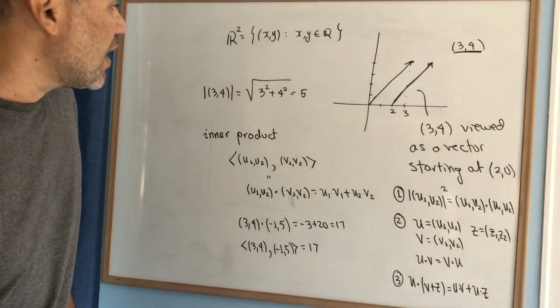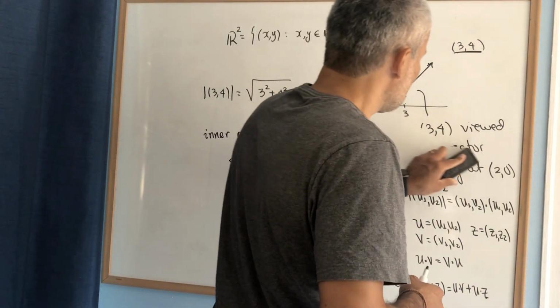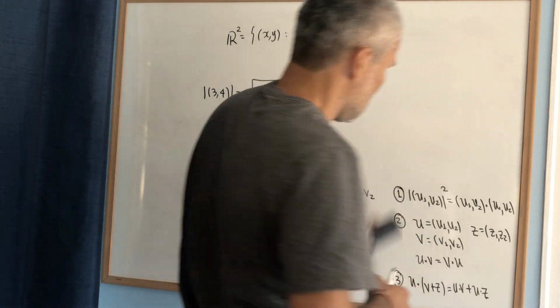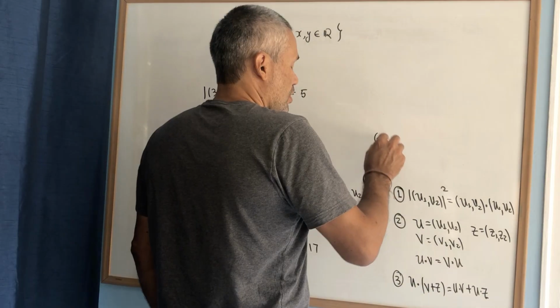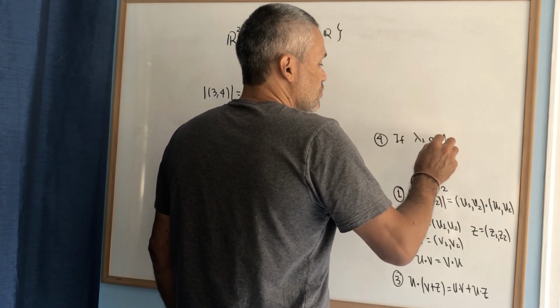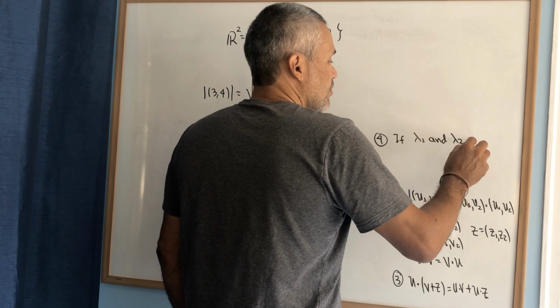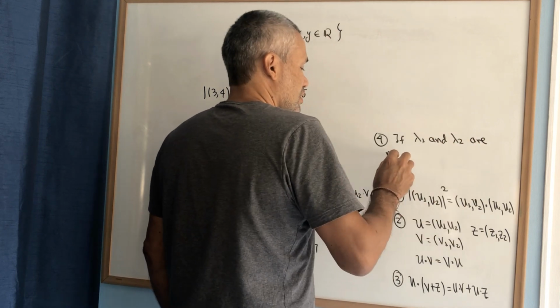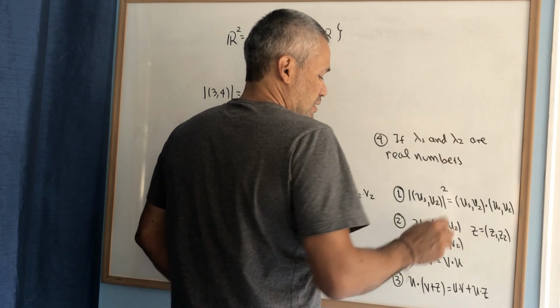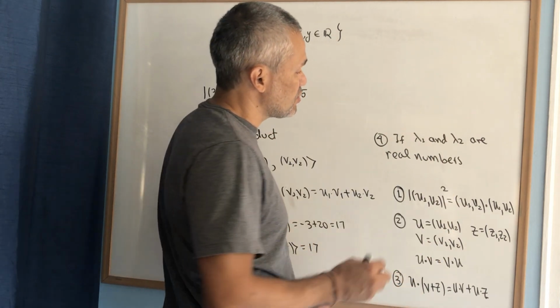What else do we have? If lambda 1 and lambda 2 are real numbers, then it is like a generalization of this property.